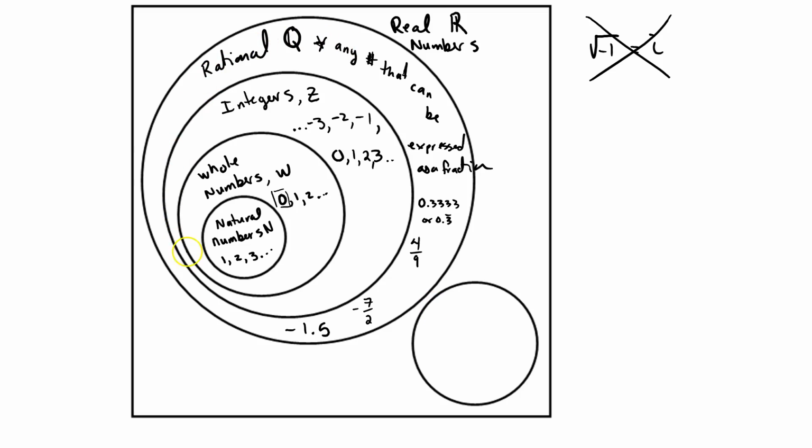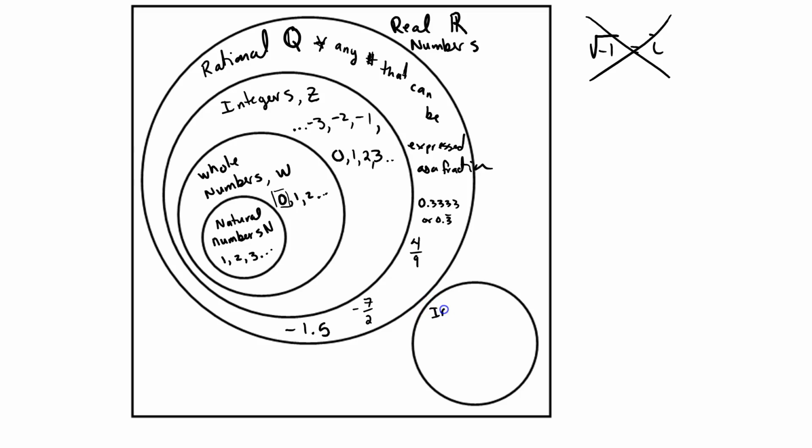Now this is the largest set here, the rational numbers, and they have subsets. The rational numbers have subsets that are integers, whole numbers, and natural numbers. Now this is an example of a disjoint set. You see that there is no touching between this larger circle and this smaller circle.